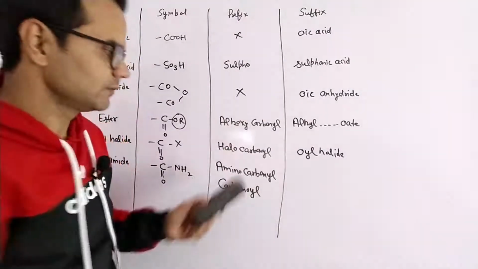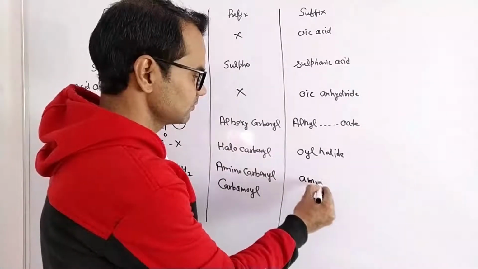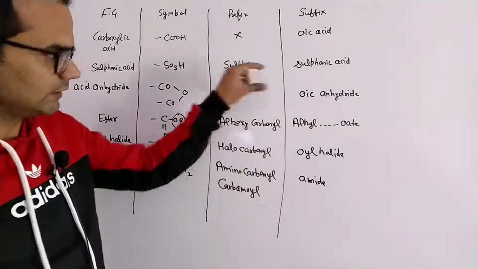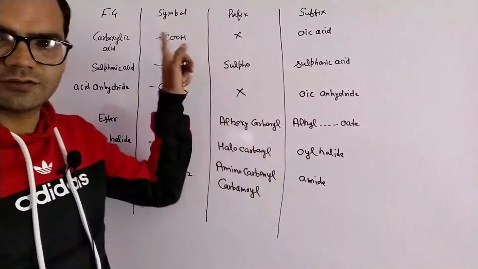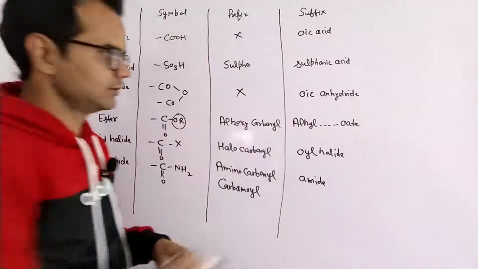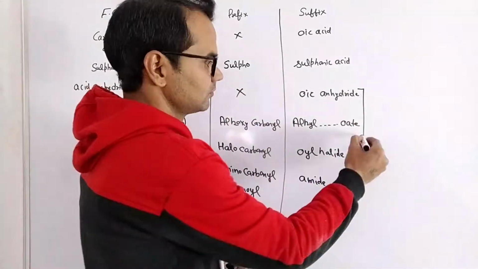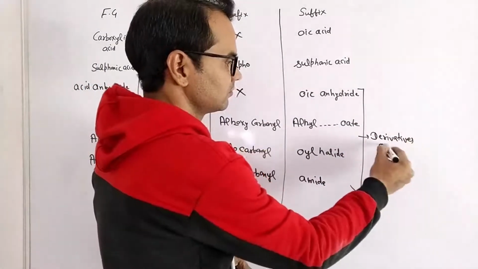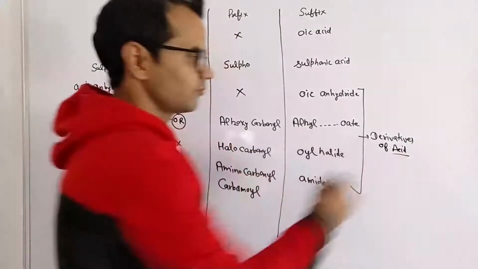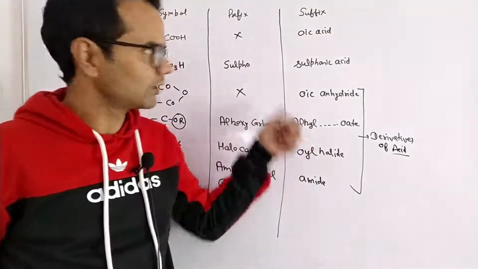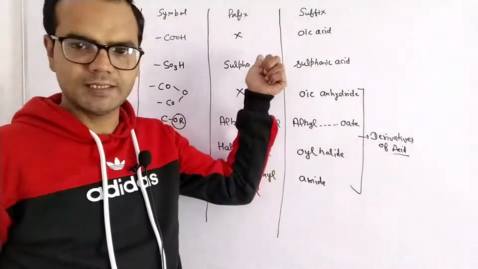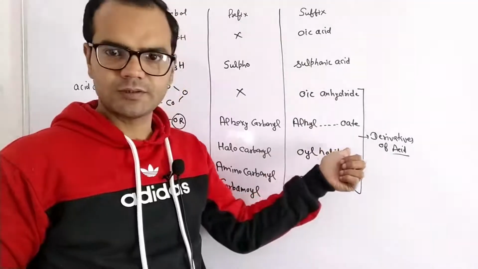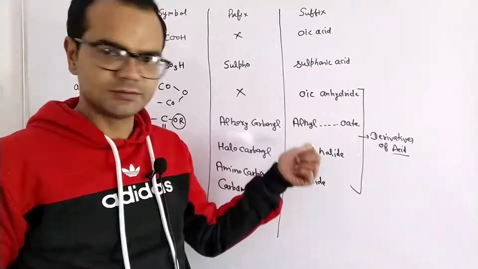Its suffix is amide. Right. All these four are the derivatives of carboxylic acid, so their priority will be lower than that of the corresponding acid. Highest priority is still carboxylic acid, and the rest of its derivatives follow in decreasing order.